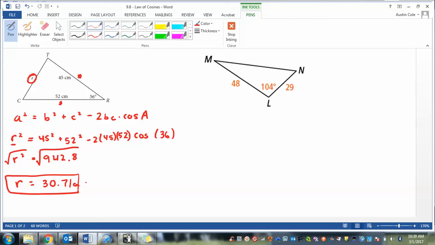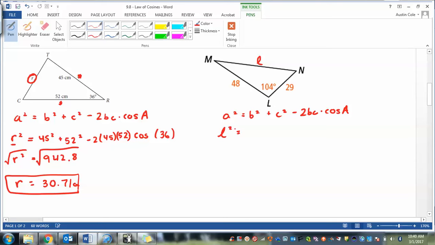So, example 2. Let's find side L. Again, in this situation, I've got a side angle side. So I'm going to write my formula down. A squared equals B squared plus C squared minus 2BC times cosine of A. We're trying to find L, so that becomes our A value, if you will. L squared equals.